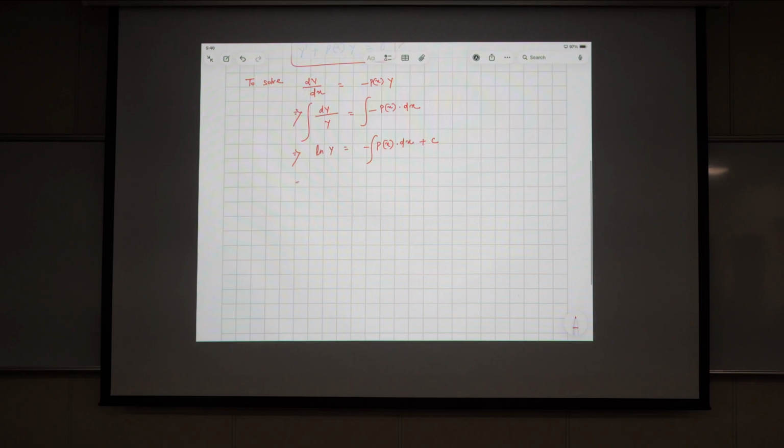Then we can say y is c e to the power minus integral of p(x) dx. So most probably we can get a result something like this. It's the general way we can solve it, right?